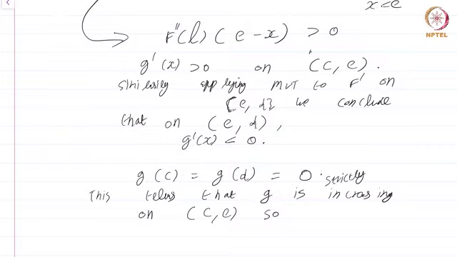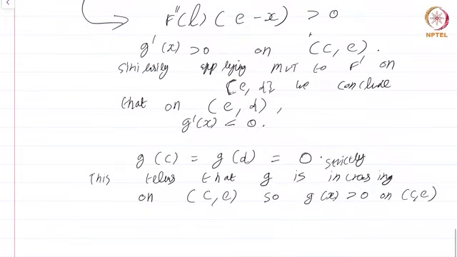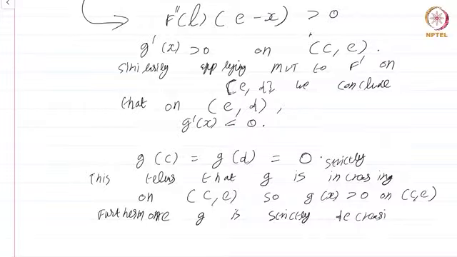So it's strictly increasing on (c, E), so g(x) is greater than 0 there, by continuity. And furthermore, g is strictly decreasing on the interval (E, d), and g(d) is 0. Okay, that we already know.